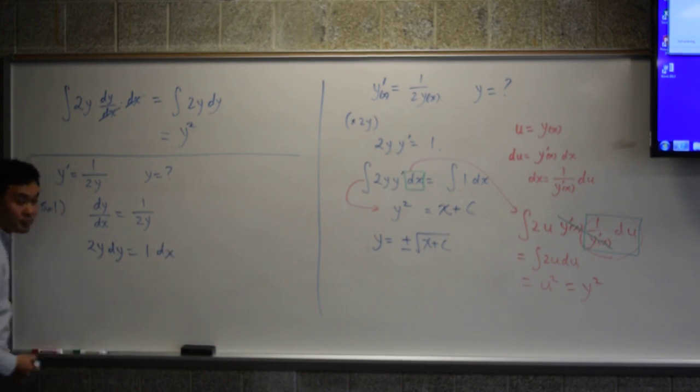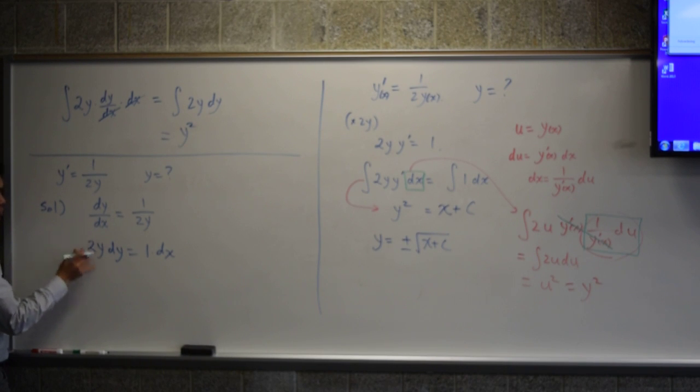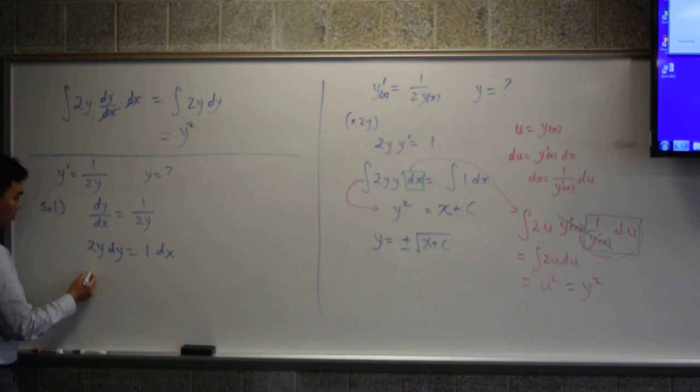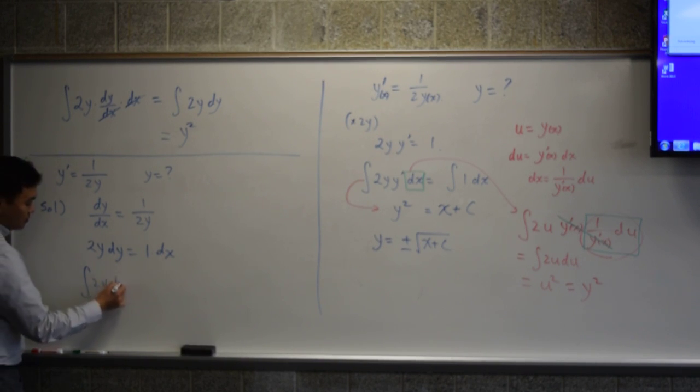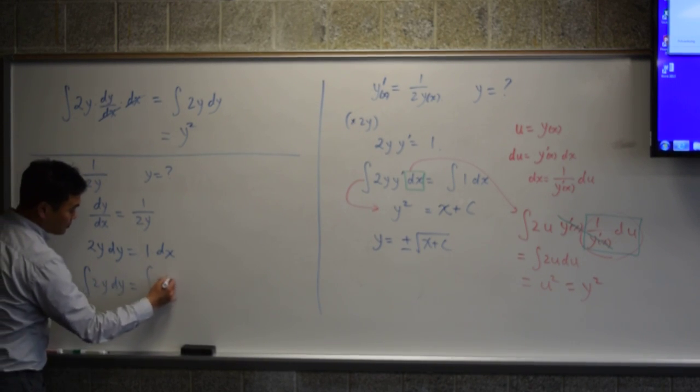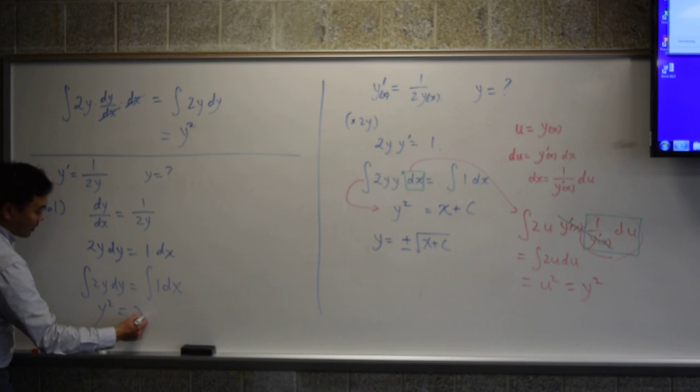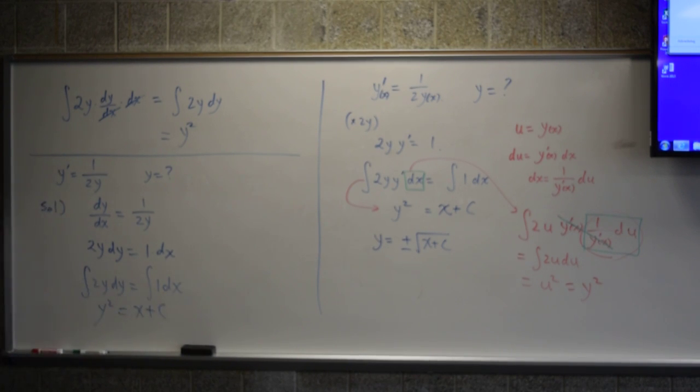Once you sort out only the y's on one side and x's on the other side, you integrate. Now the left side is y squared, and the right side is x plus c. You just have to put c on one side, and that's the solution.